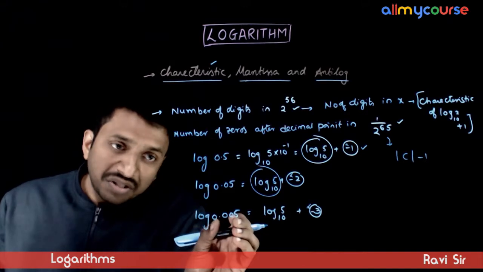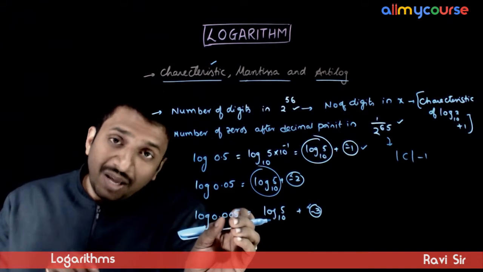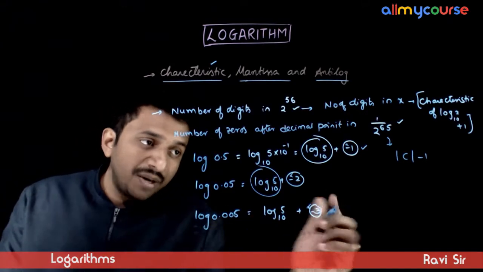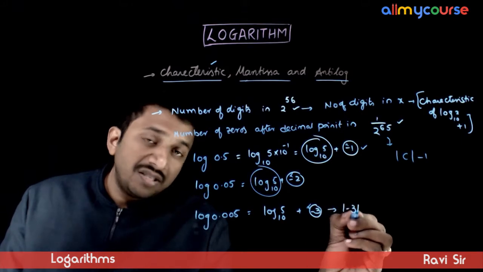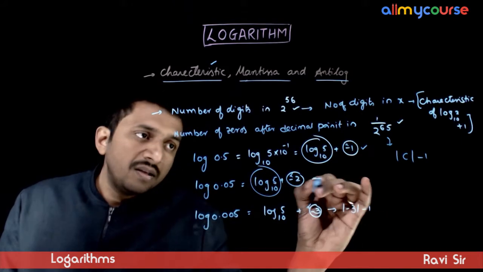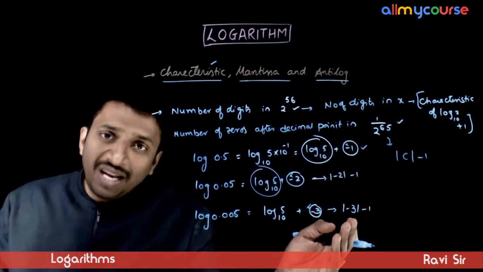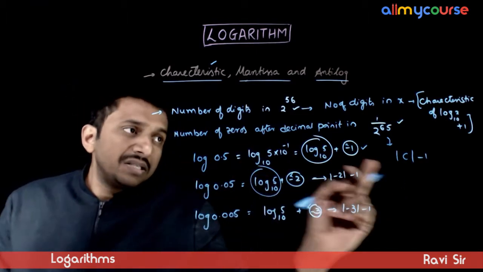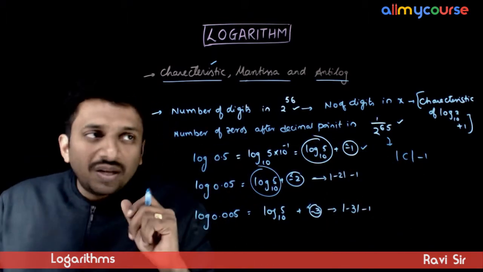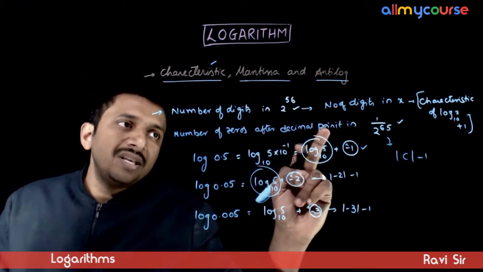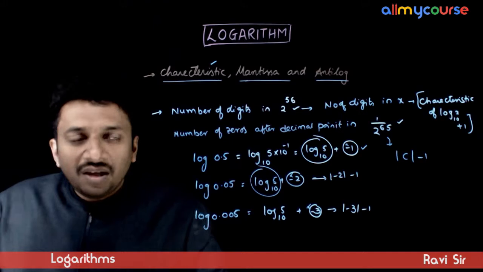So the number of zeros in 0.005 immediately after the decimal point is nothing but modulus of minus 3, which is 3, minus 1. Modulus of minus 2 minus 1, that is 2 minus 1, 3 minus 1, and so on. So mod c minus 1 is the number of zeros immediately after the decimal point.